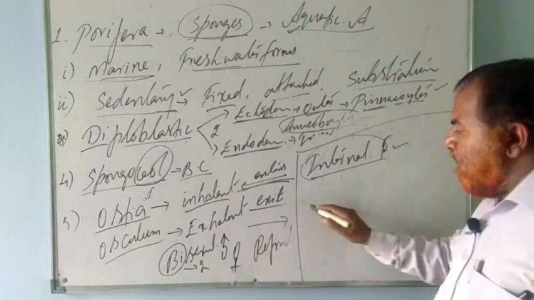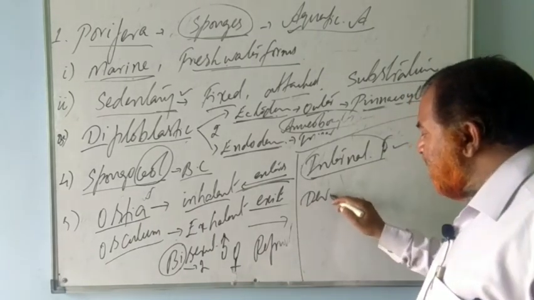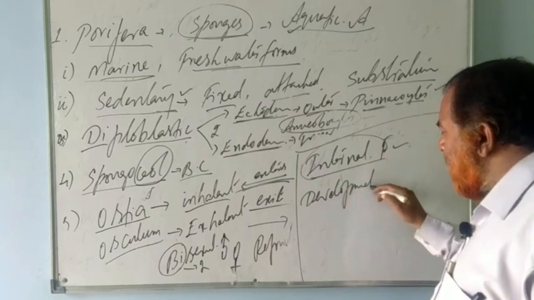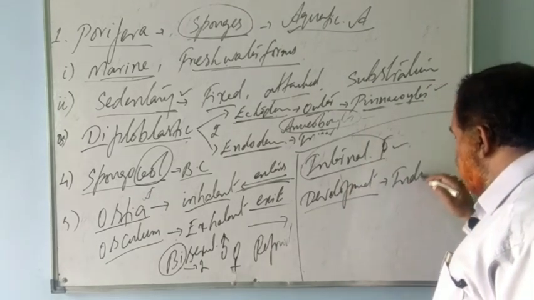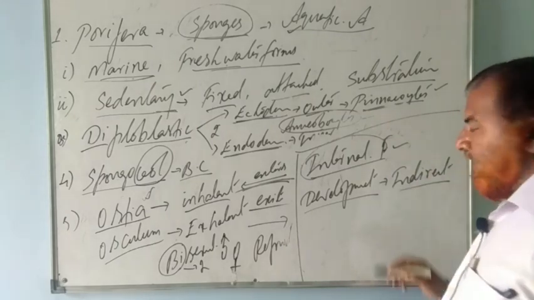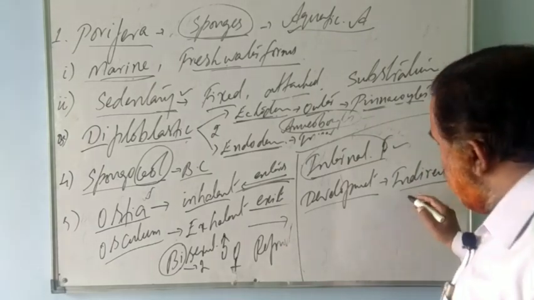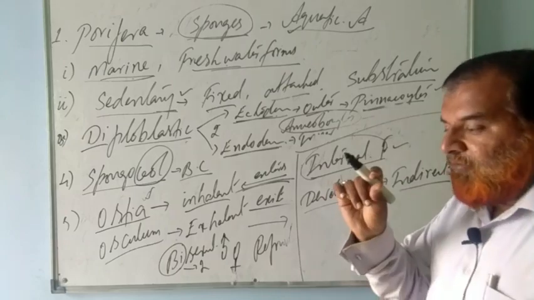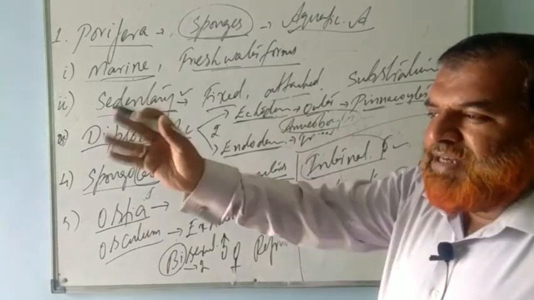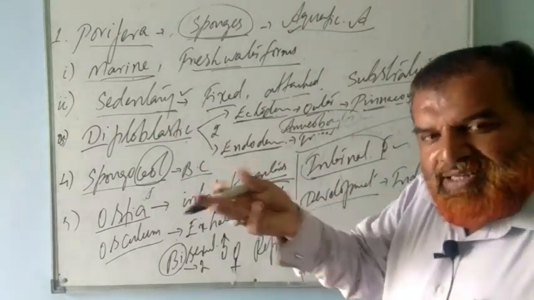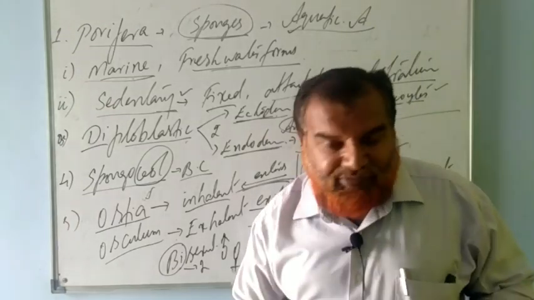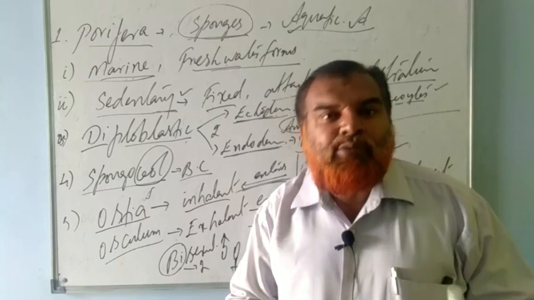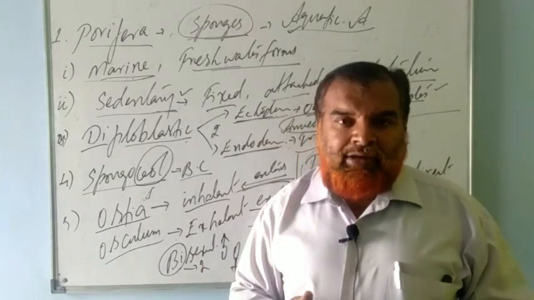Then development. What do you mean by development? How it develops into an adult. By the indirect method. What do you mean by indirect? The young one will not resemble the adult, will not resemble the parent. To give you an example, a human baby immediately after birth appears like a human being. Why?